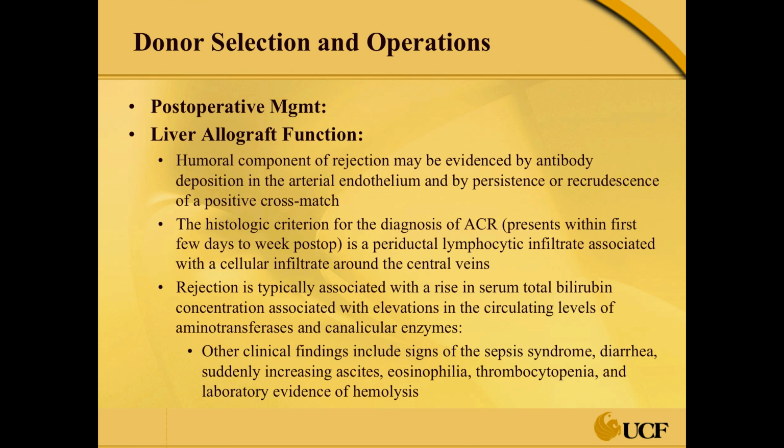Other findings that you're going to see clinically are going to be, like I said before, things related to sepsis. You're also going to see diarrhea, suddenly increasing ascites, eosinophilia, thrombocytopenia, and laboratory evidence of hemolysis.